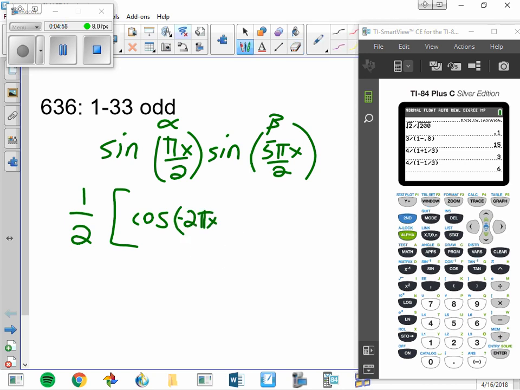And then minus the cosine of, you add them together and you get 6 pi x over 2, which is 3 pi x. So I heard somebody mention, do you switch to radians? We're not actually sure that this is a radian measure.